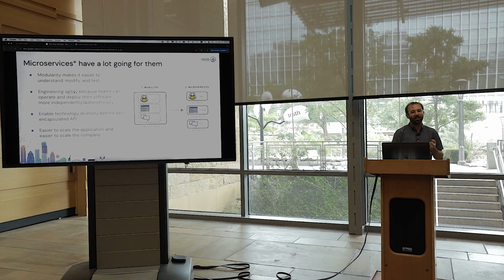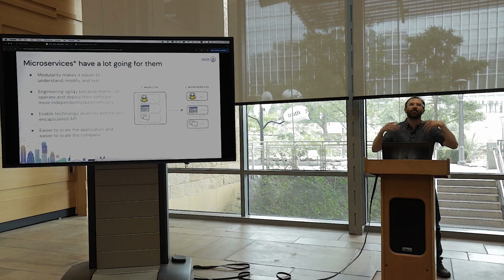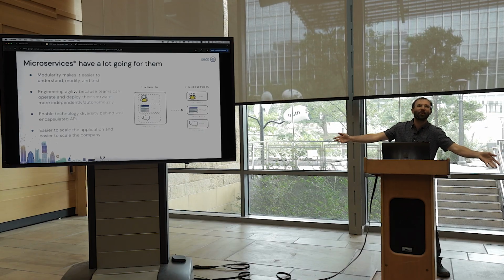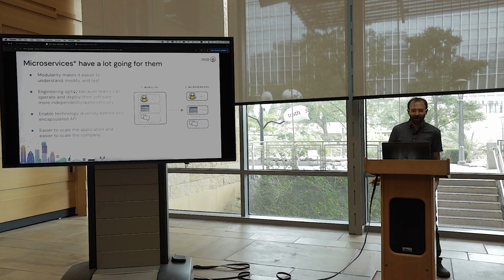It gives engineering organizations agility because those teams can operate and deploy their software independently, autonomously. I'm sure this is all stuff you guys know, that you've drunk from the fire hose, which is why you're at a KCD. It enables technology diversity behind well-encapsulated APIs. If you're an organization that wants lots of programming languages, you can have it. And all of that makes it easier to scale your applications and the company.